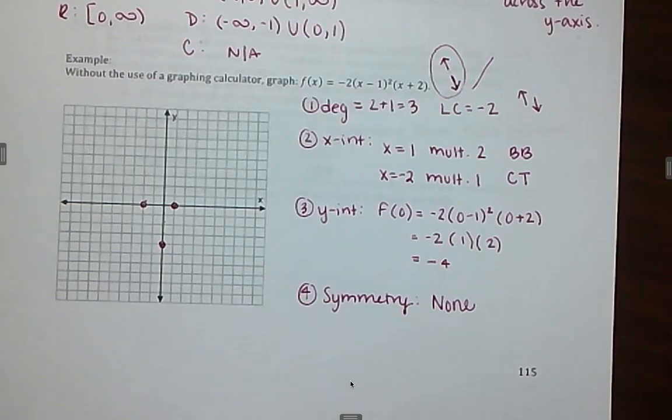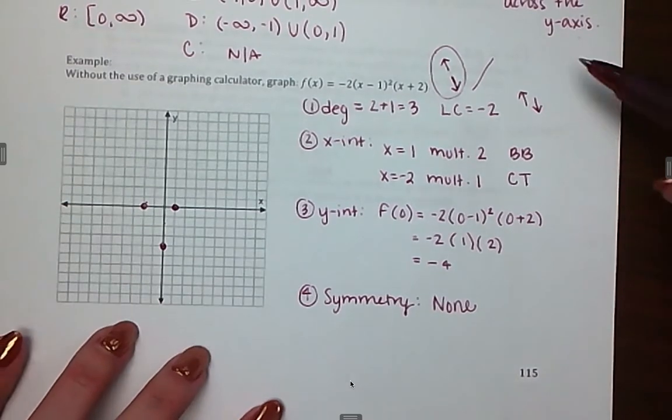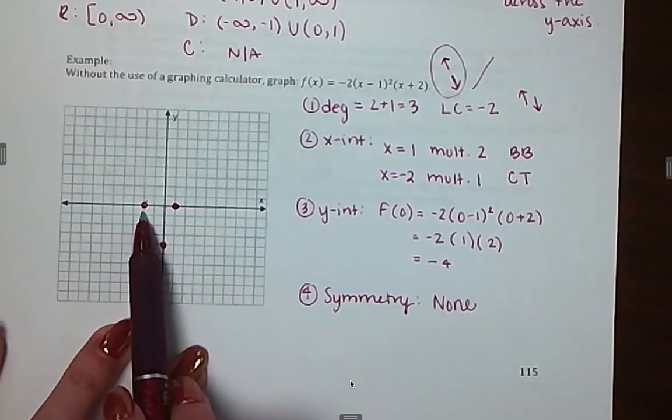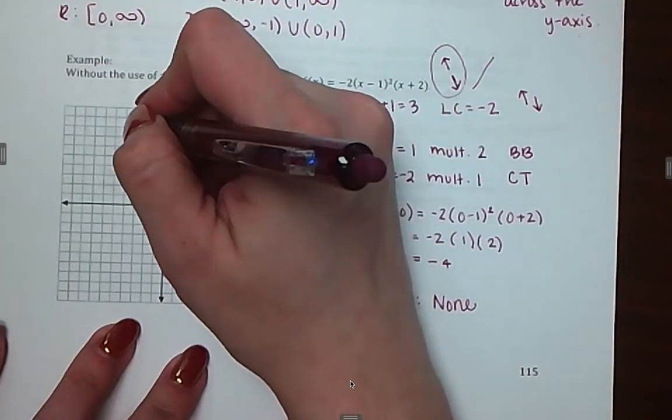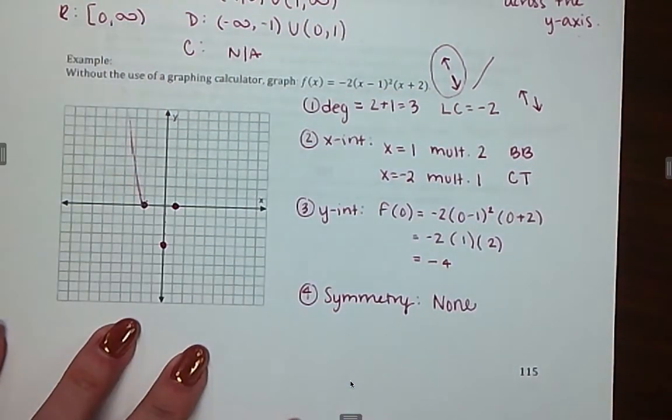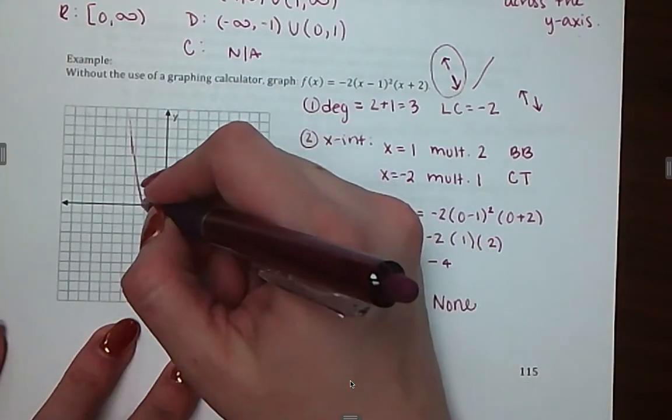Starting on the left-hand side, is your graph going to start above the x-axis or below? Above, because this is the top arrow. When we get to this x-intercept of -2, are we going to bounce back or cross through? Cross through. We know we're going to come down.